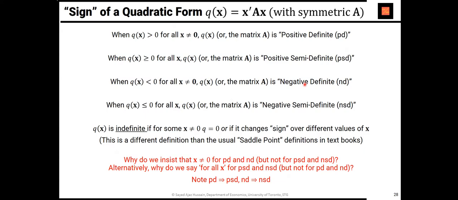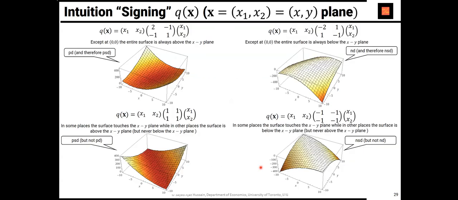ND is the analog of less than inequality, strong. And NSD, of course, is the analog of weak or less than or equal to inequality. So it shouldn't be surprising that if something is positive definite, it must be positive semi-definite, but not necessarily the other way around. If you're negative definite, it must be negative semi-definite, but not necessarily the other way around.